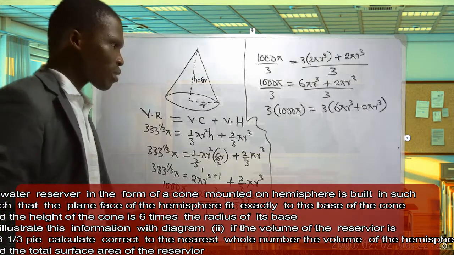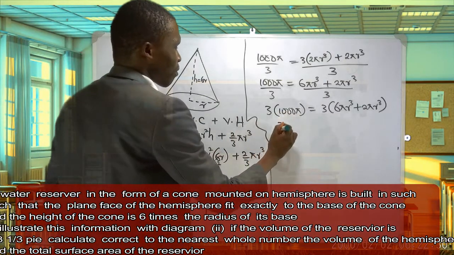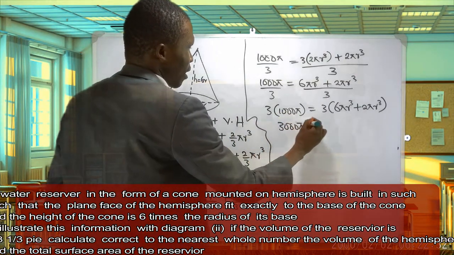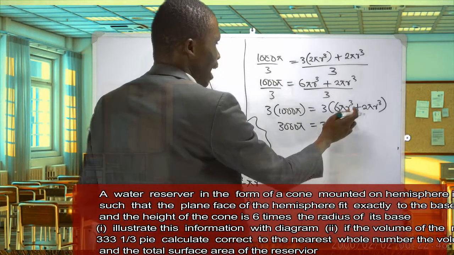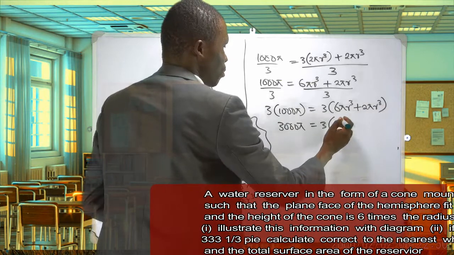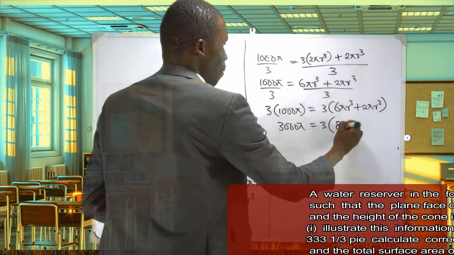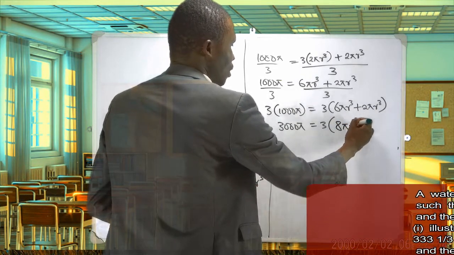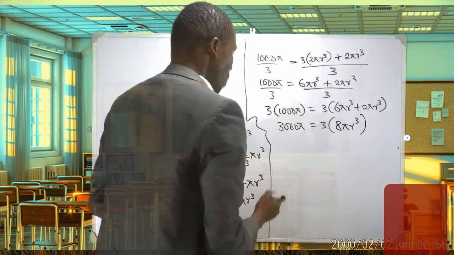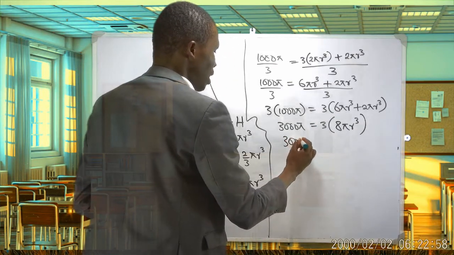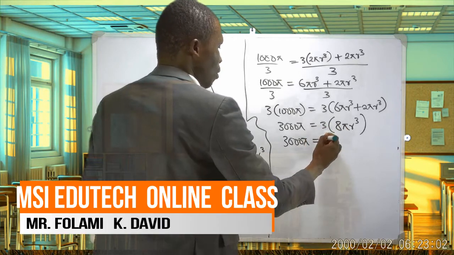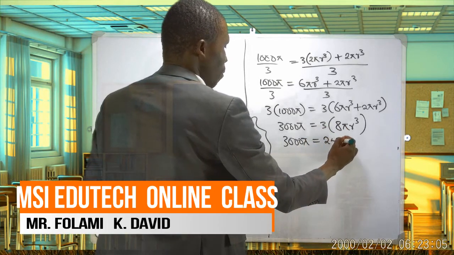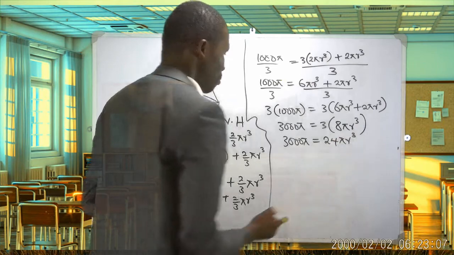Now multiply this: we are going to have 3000 pi equals 3 times 6 pi r cube plus 2 pi r cube, which is 8 pi r cube. So this will give us 3000 pi equals 3 times 8, we are going to have 24 pi r cube.